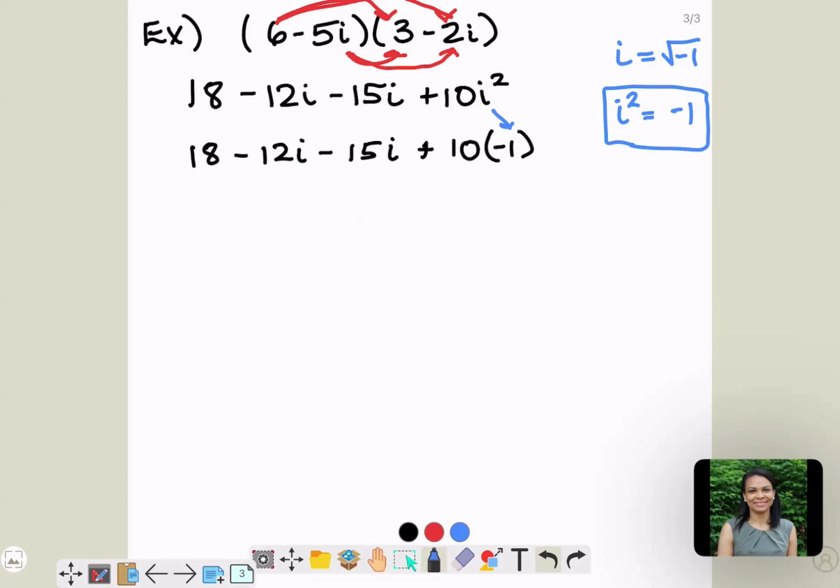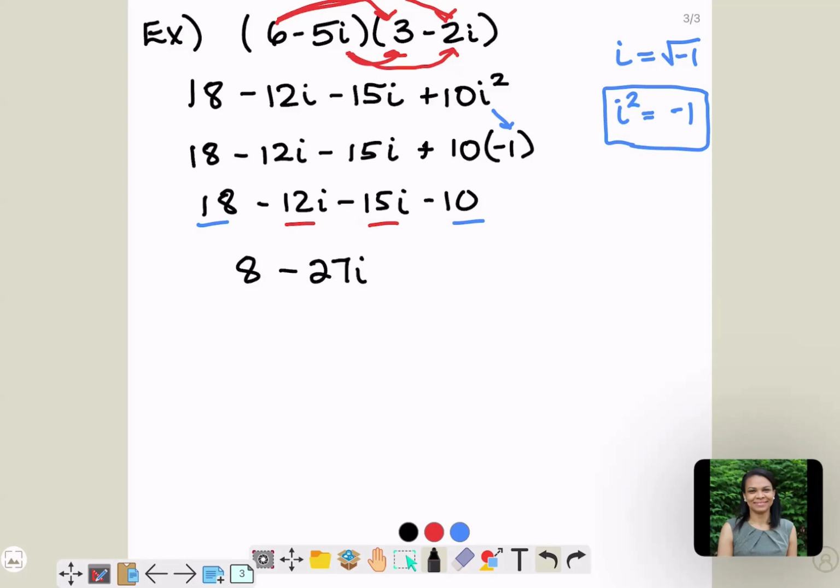Well, let me go ahead and multiply this. 10 times -1. That'll make that -10. And now I can combine the real numbers, and I can combine the imaginary numbers in the middle. And so I end up with 8 for my real part and -27i for my imaginary part.